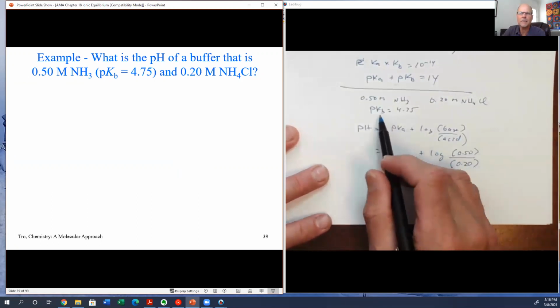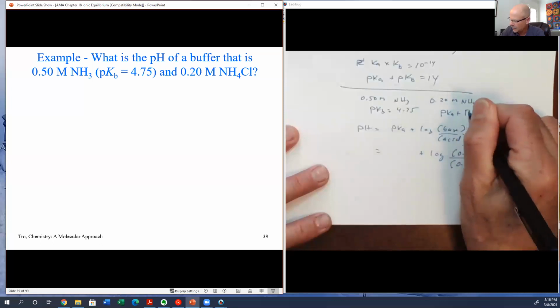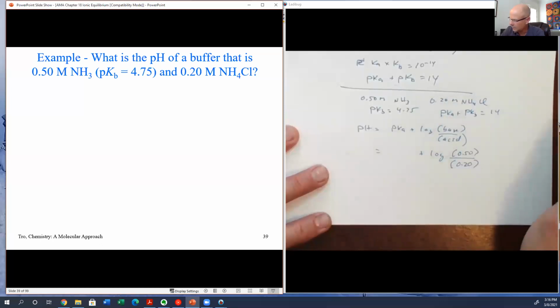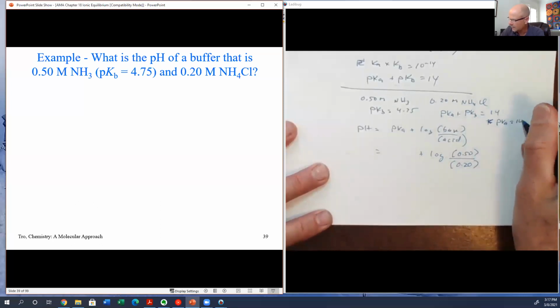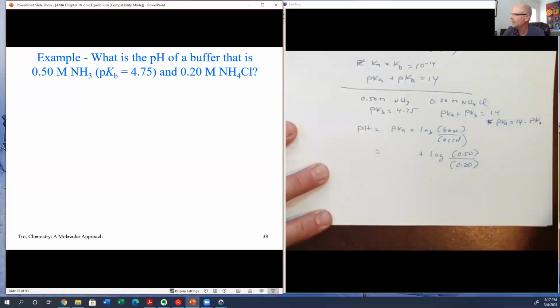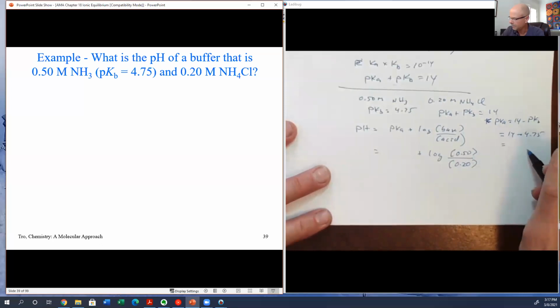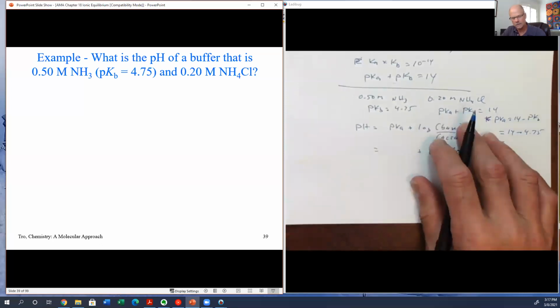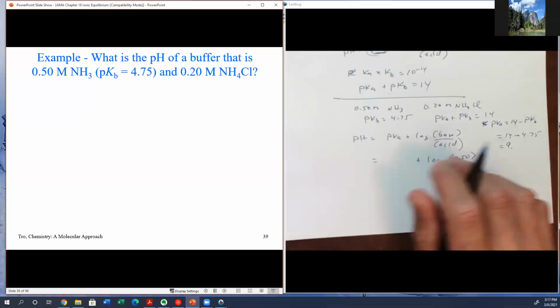Oh, wait, I'm not given pKa, I'm given pKb, but that's okay. pKa plus pKb is equal to 14, so pKa is equal to 14 minus pKb. That's equal to 14 minus 4.75, which is 9.25.